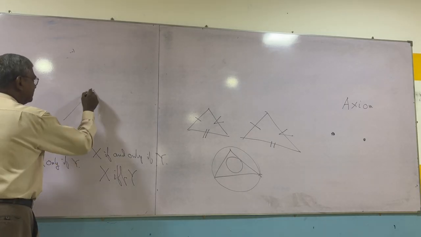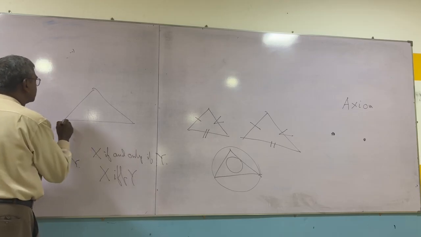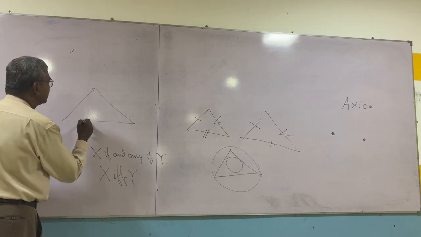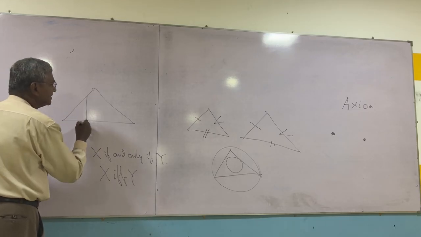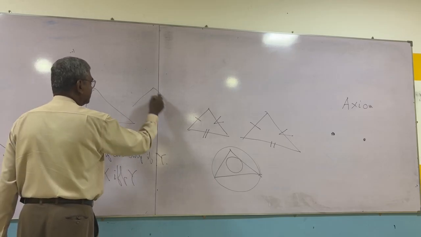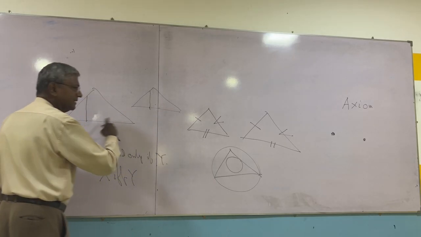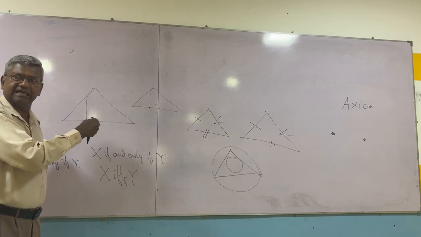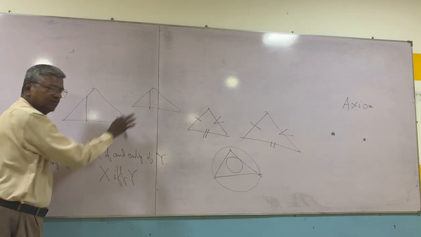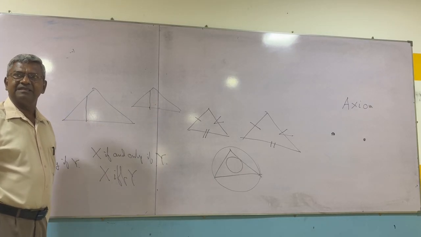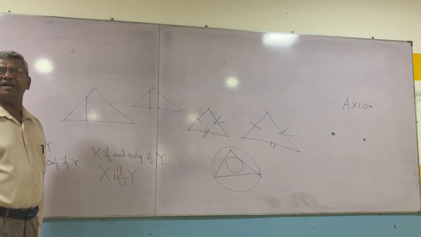And another thing is, you take a triangle, you go say half a distance from here, you do this height, and you take the other triangle, again you go to half a distance, you get this height. If these two triangles are congruent, these two must be the same. So many things in two triangles that we can talk about, properties.